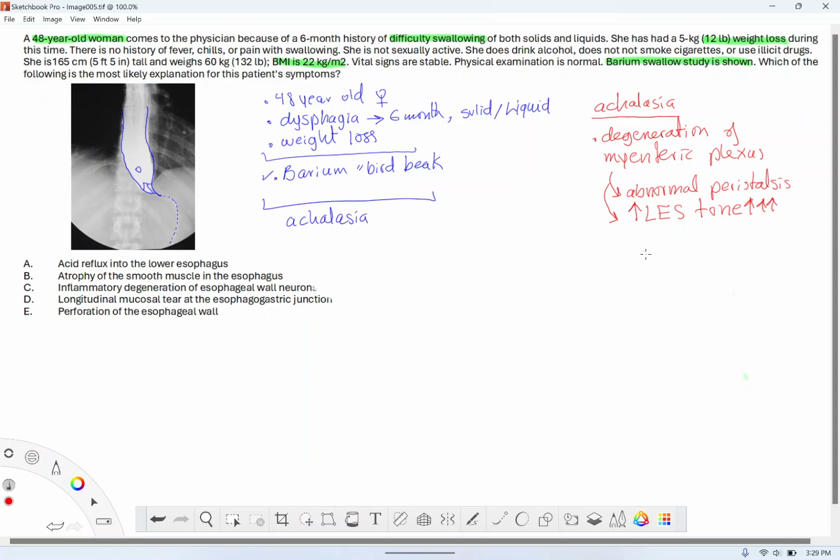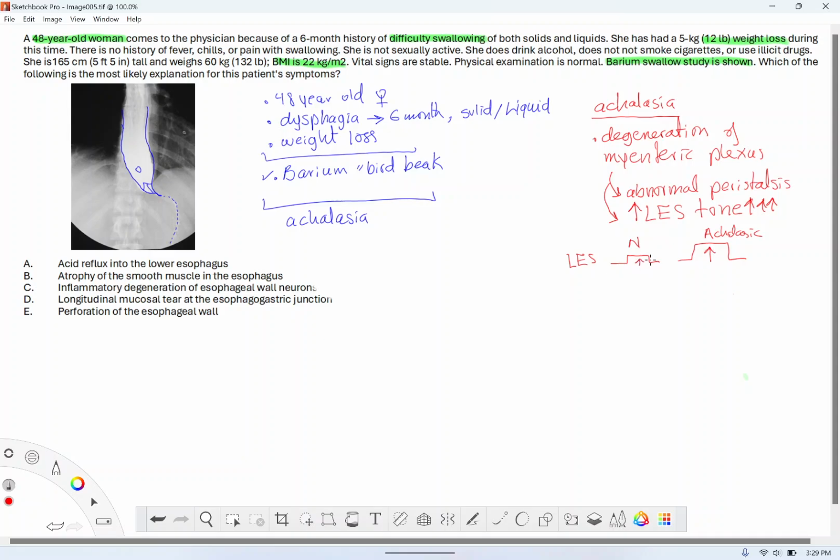If I do manometry, they show you this is the normal LES. Let's say we label this LES, normal person, and the person with achalasia will be this much. The tone is increased. Look at the tone. It's much higher.